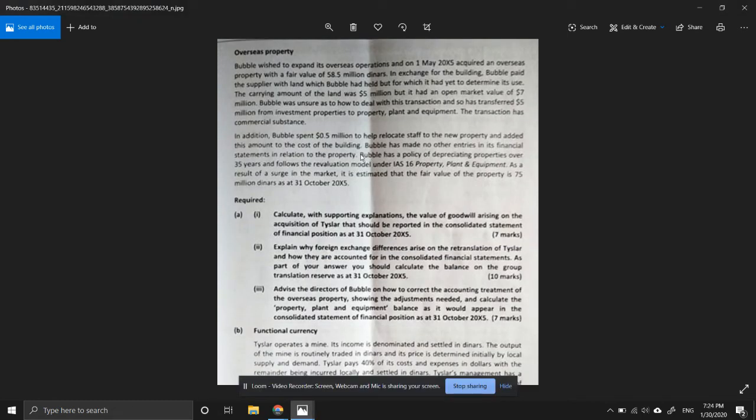And then after that, the carrying amount of the land was 5 million and had a market value of 7 million. Bubble was unsure how to deal with this transaction, so has transferred 5 million from investment property to PPE.